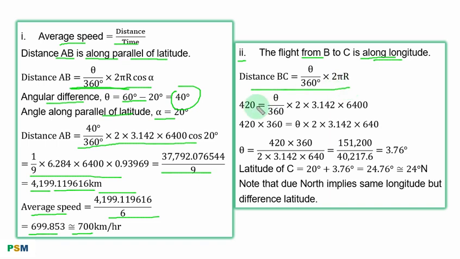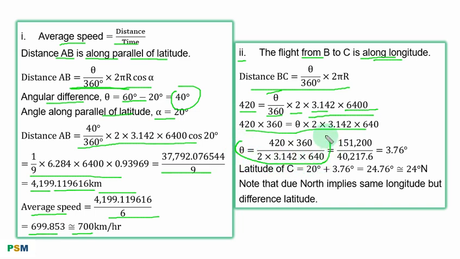The distance is given to be 420 equals the angular difference over 360 times 2 times pi times radius of the earth, multiplied through by 360 to clear fraction. Divide both sides by the product of these three numbers to make theta the subject, and you have it this form.